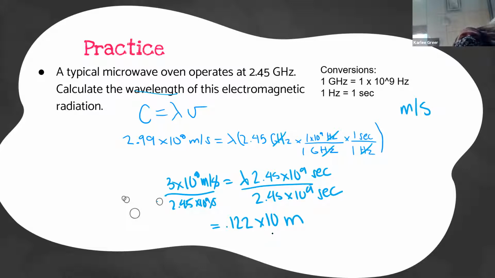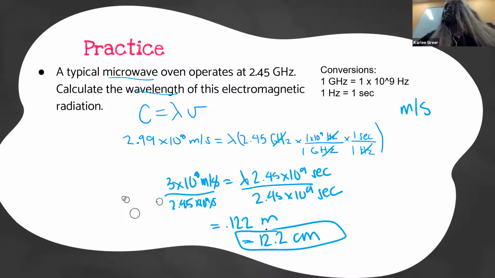So we're going to go ahead and convert that to centimeters, because in the context of this problem, it's a microwave, right? 0.22 meters isn't really useful for us to know exactly how big that's going to be inside the microwave. So for this particular problem, we're going to put it in centimeters because that will give us a more relative number. So that is how you would solve that problem.